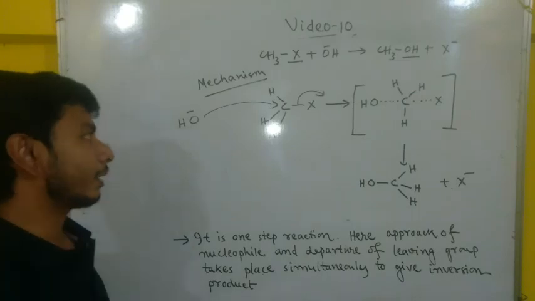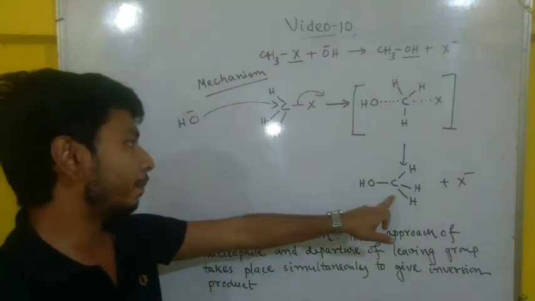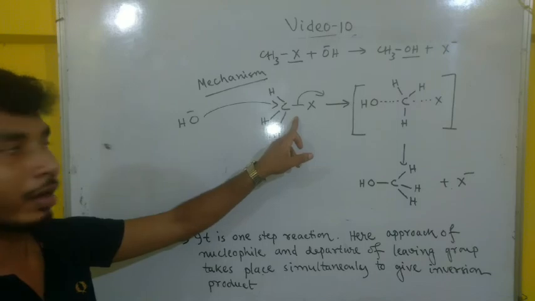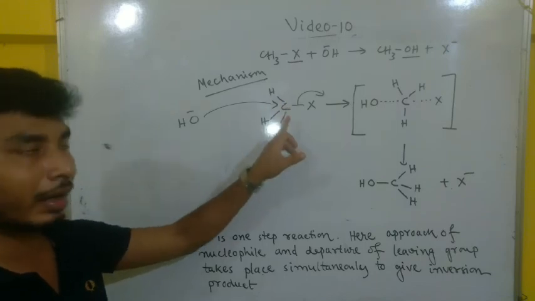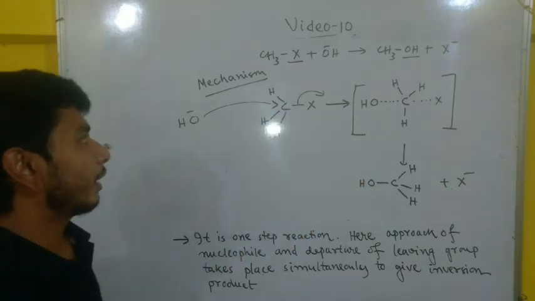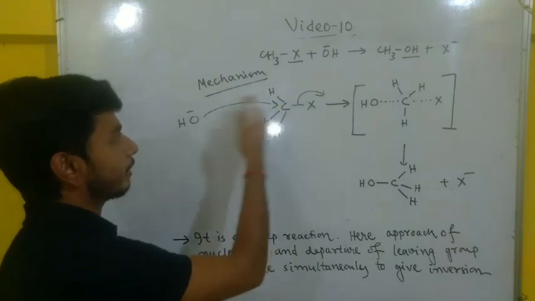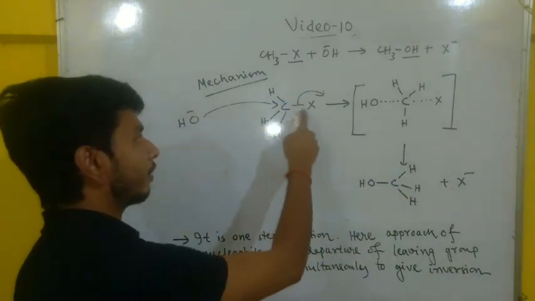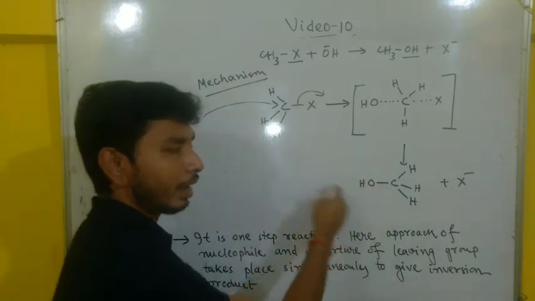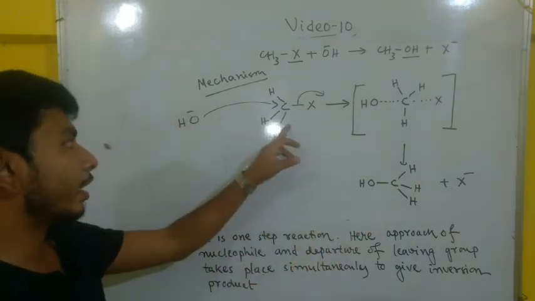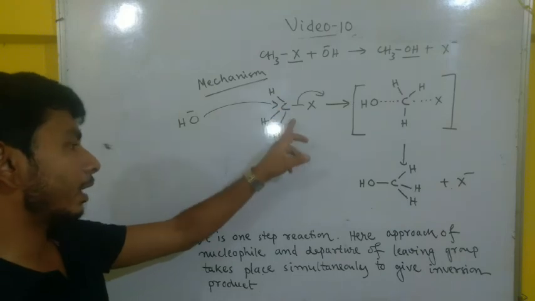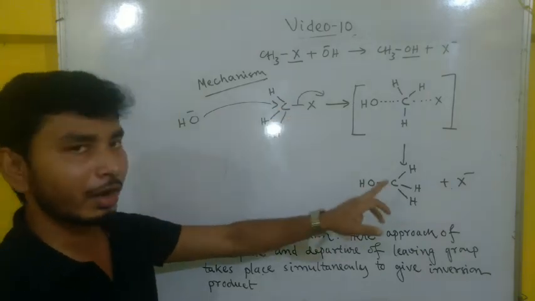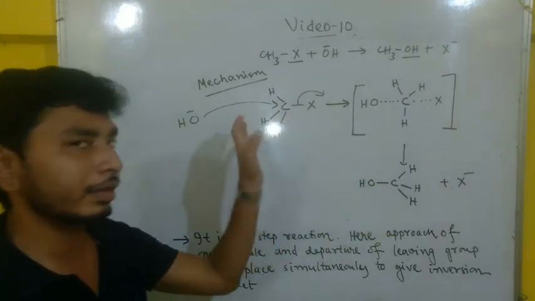Now if we look at the structural orientation of the product and structural orientation of the alkyl halide, these are opposite. Here 3 hydrogens are in the back side, 3 hydrogens in the front side, halogen in the front side and nucleophile in the back side. So structural orientation of the alkyl halide and of the product is opposite.